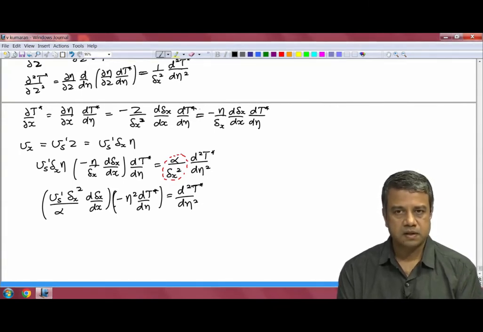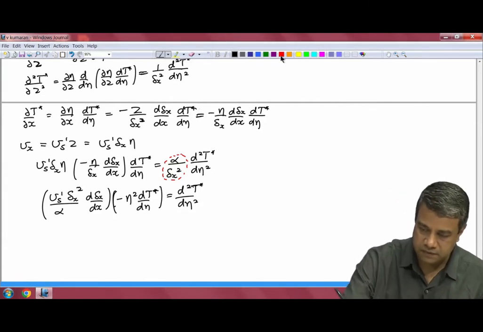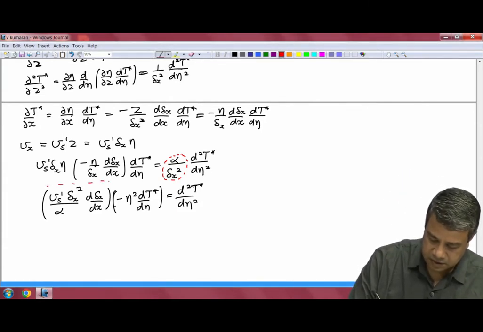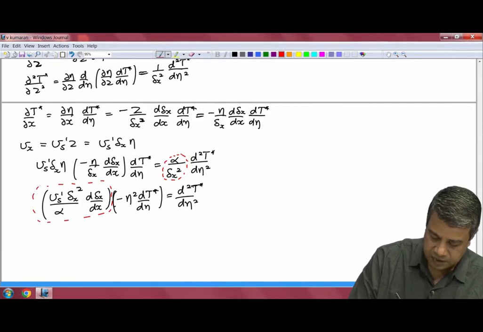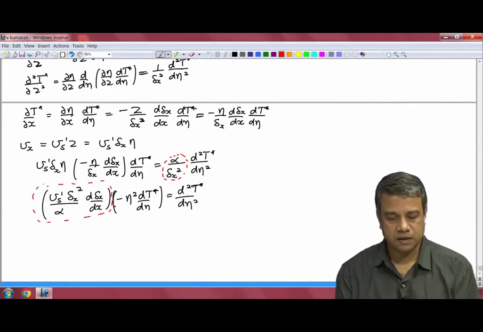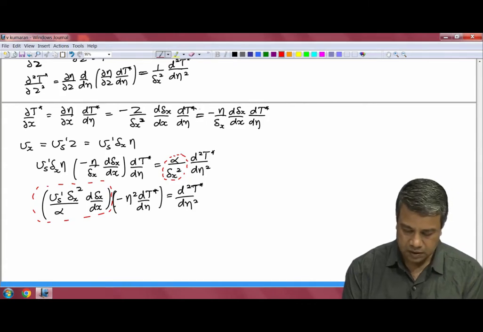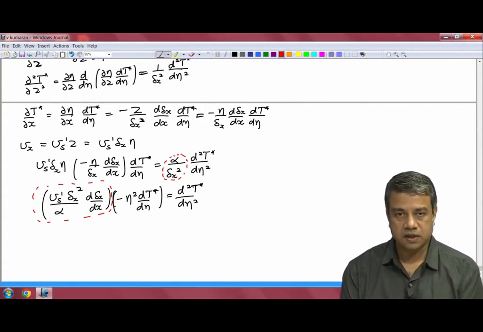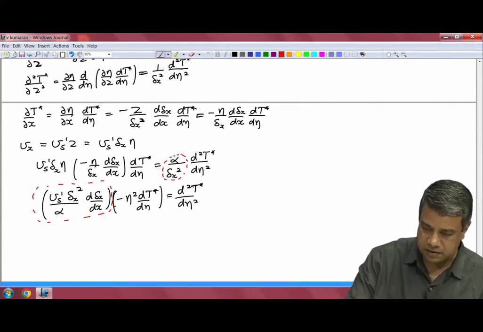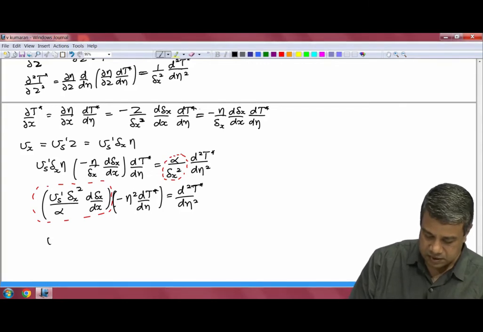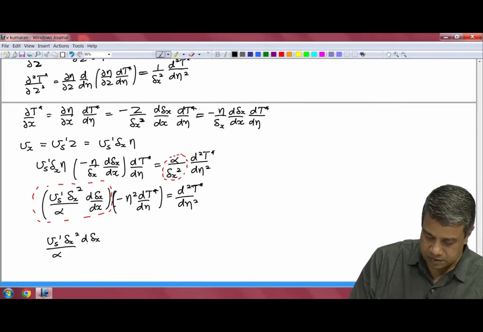And this equation is only a function of eta if this term here is a constant. If this term is a constant, then the equation is only a function of eta. So, a similarity solution can be used only if this term is a constant, which is Vs prime delta x square by alpha, d delta x by dx, equal to some constant.